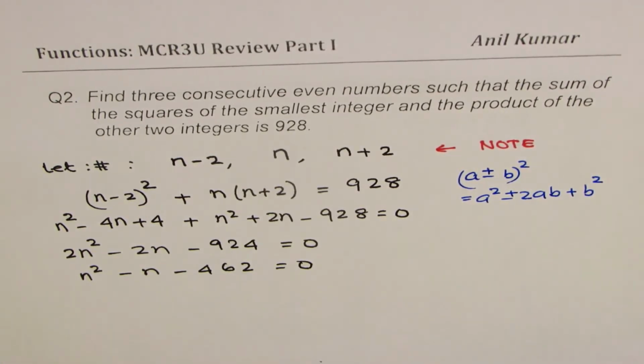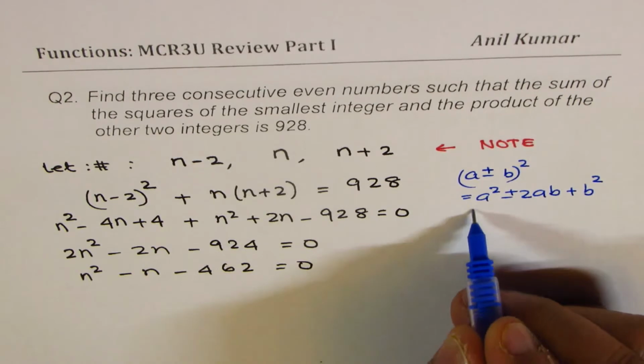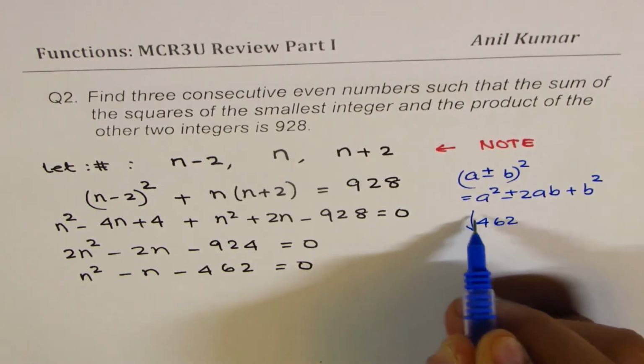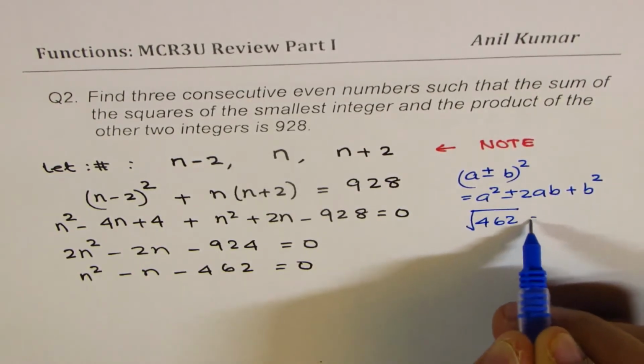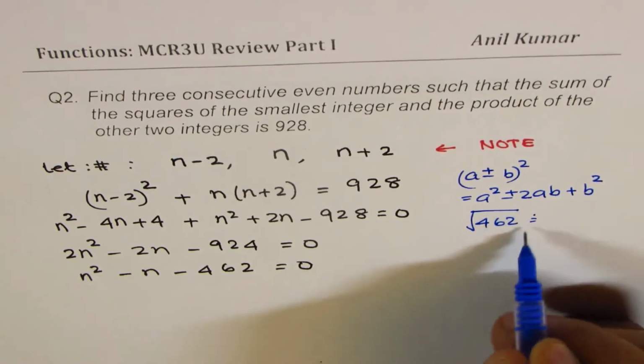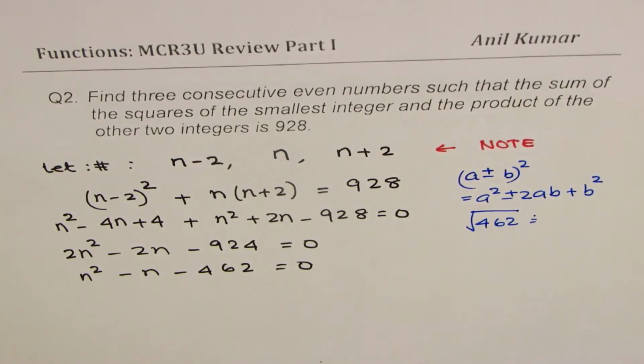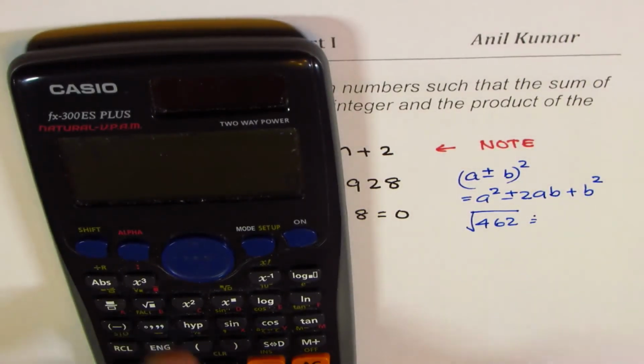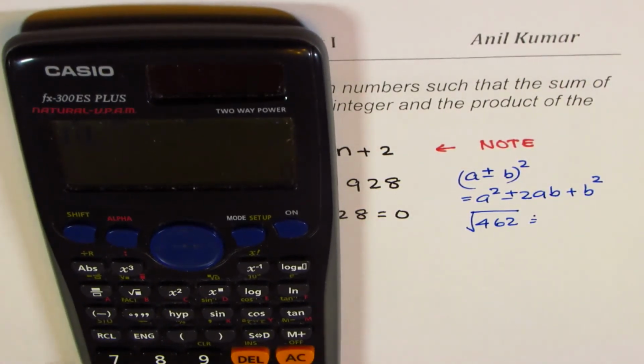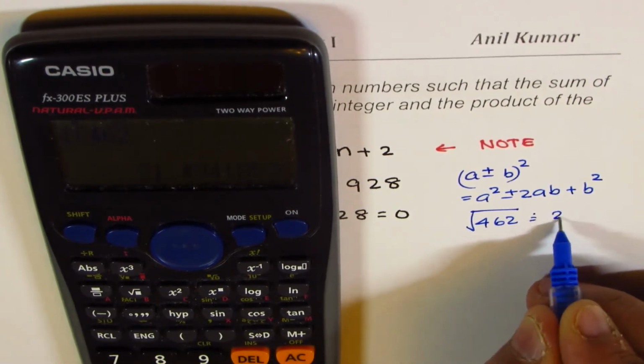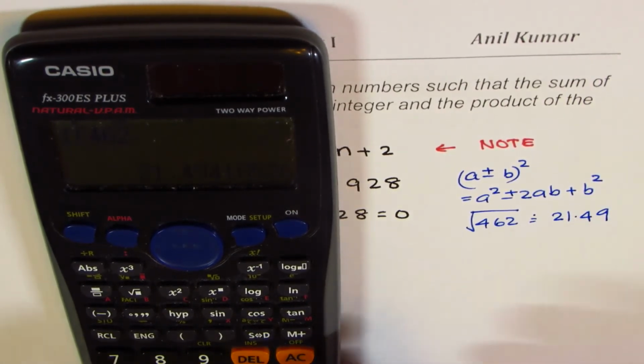We are looking for 2 numbers which are very close. So the strategy here is to find the square root of 462. The numbers will be approximately that, right? So very close to this. We're looking for 2 numbers, of course. The square root will give us 1 number, which is around our solution. The square root is 21.49.